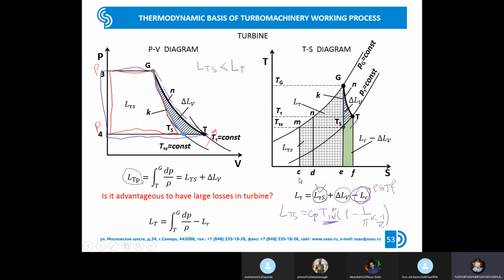We find point M and the area CMGE. It will be the ideal specific work of the ideal process. Where is my mouse? Hey, sorry. CMGE. It will be the ideal specific work.